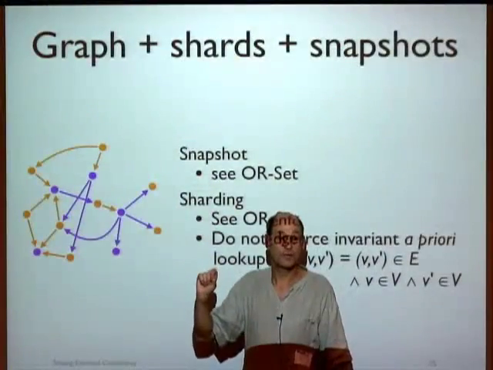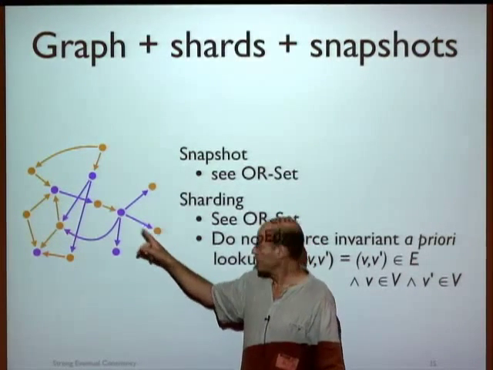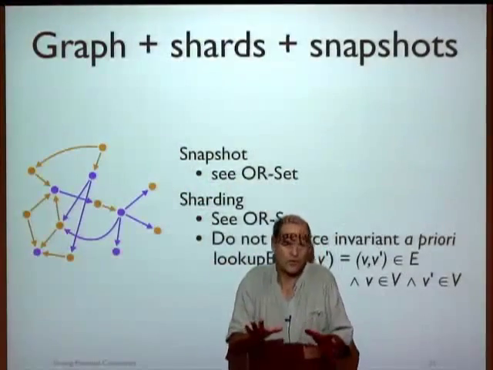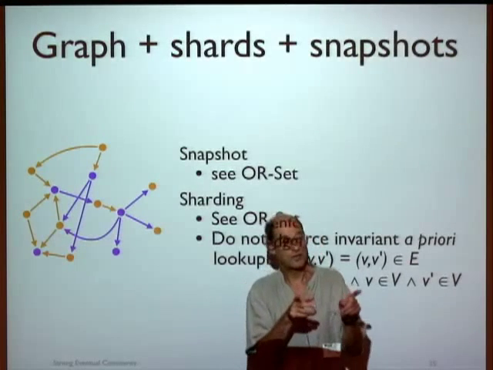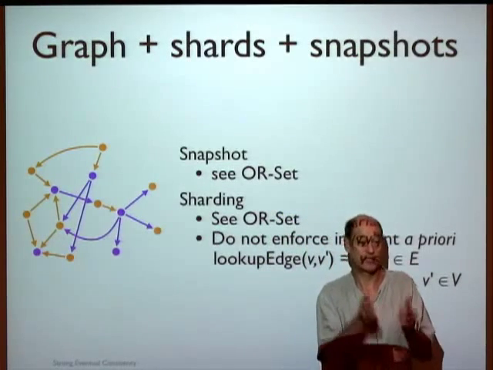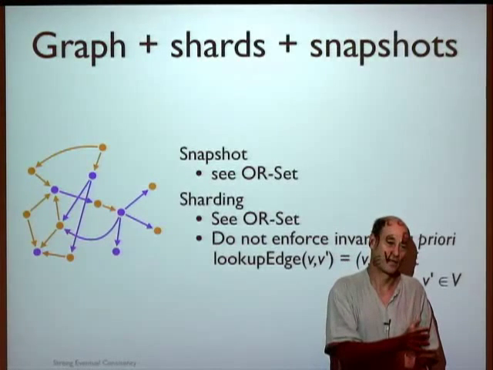When you do lookup, then you'll have to look up this vertex. So lookup is now a distributed operation. So I moved the burden of the work to lookup. But I can do consistent snapshots. So I will take a consistent snapshot and then do a lookup on the consistent snapshot.